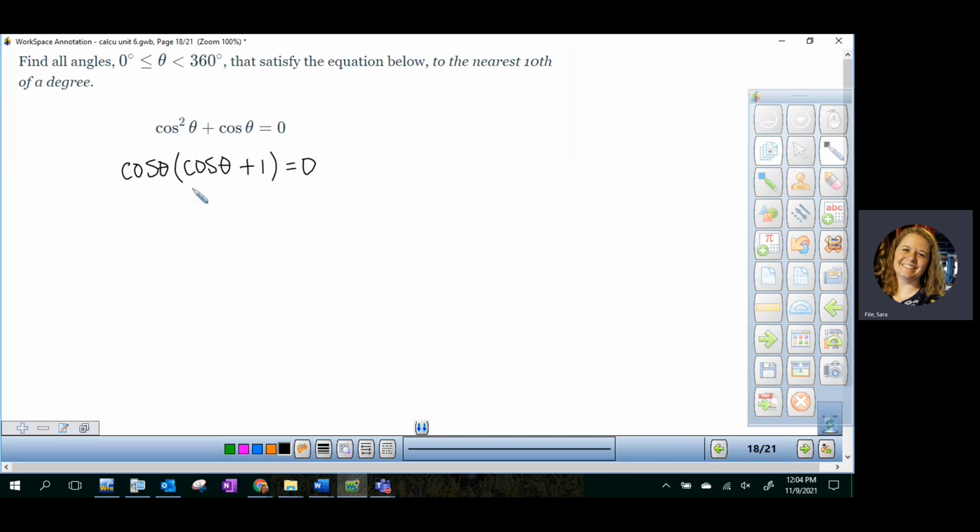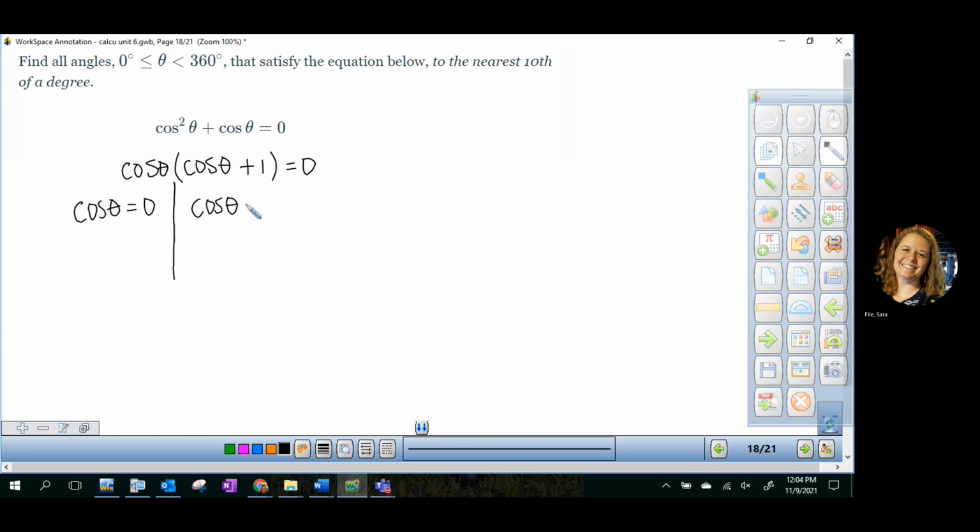So once you have factored, whatever form of factoring you're doing, okay, you split and solve. You set each factor individually equal to 0. Okay, this one already has the trig function isolated. This one I would need to subtract the 1 over. So now I'm to the point, like that last question, where I'm looking at the unit circle.